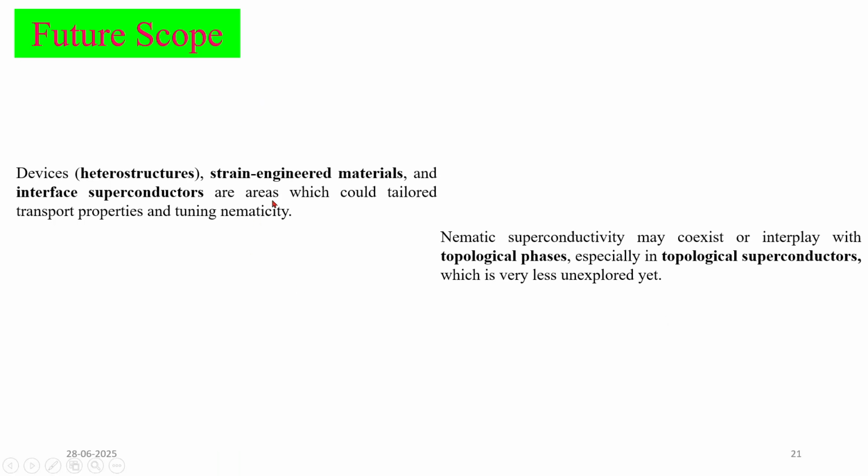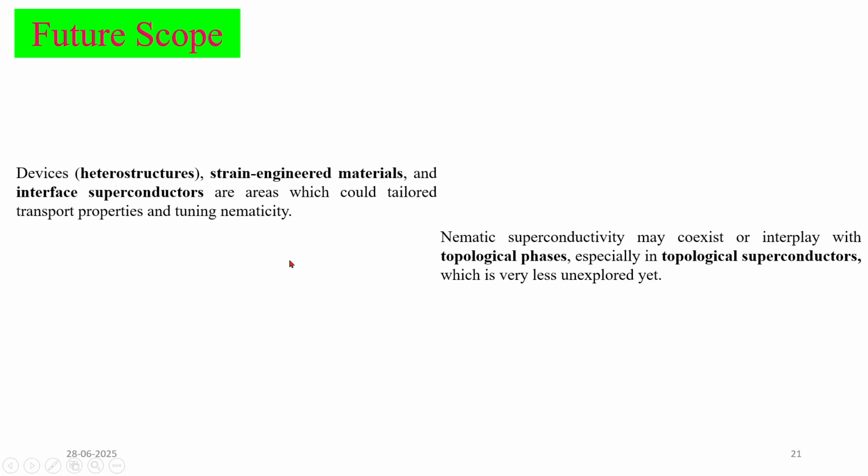So if we make heterostructures of strained materials, if there is a strain in the materials, this breaks the rotational symmetry states. So that's why we can tailor the signatures, and the signatures tend toward nematic superconductivity.